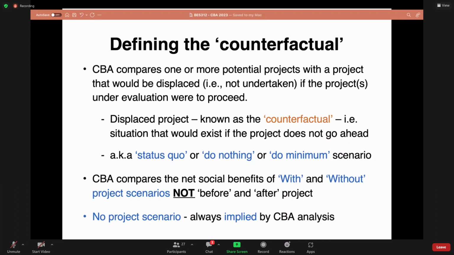So either we can do the project or we can not do the project. And what will be the situation if we don't do the project? It's by considering that counterfactual that we will be considering our costs and benefits of undertaking a particular project.